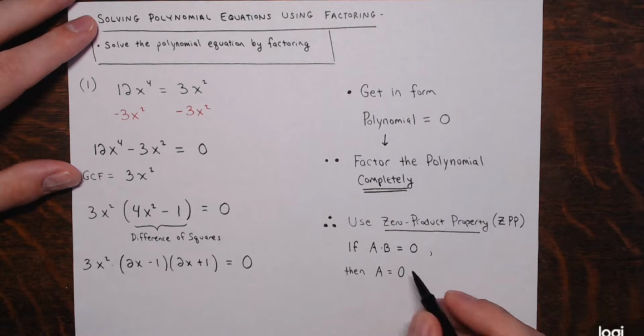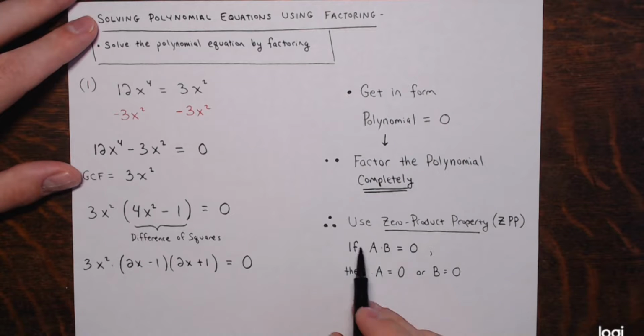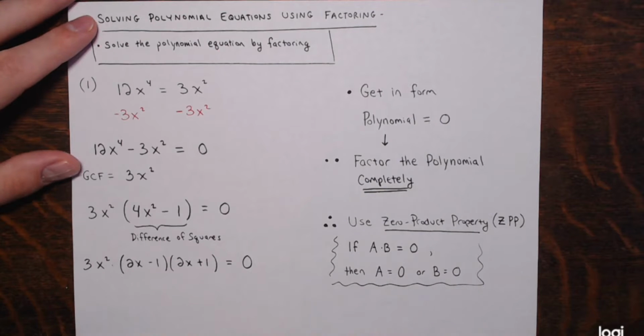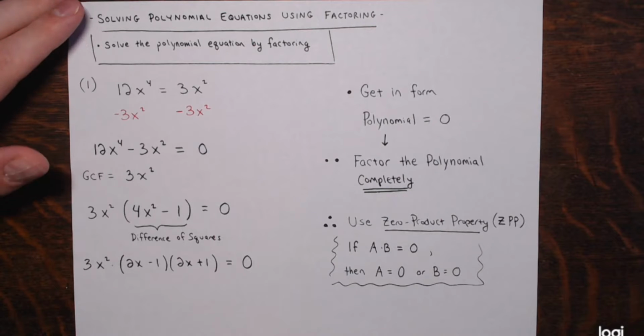Right, so either A equals 0, or B equals 0, or both. And again, if there are more than 2 factors, like I have in this question here, at least one of the factors must be 0 if a product is 0.